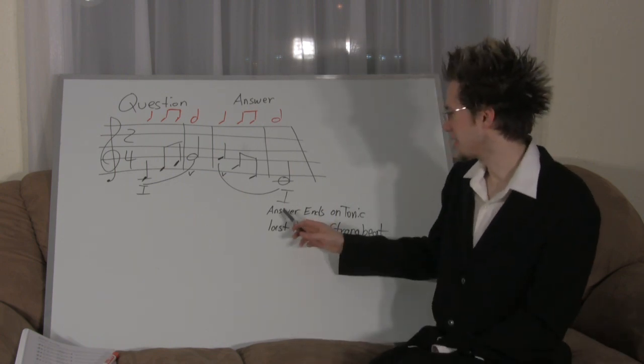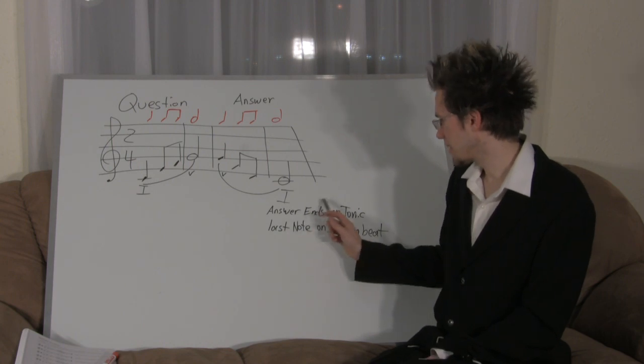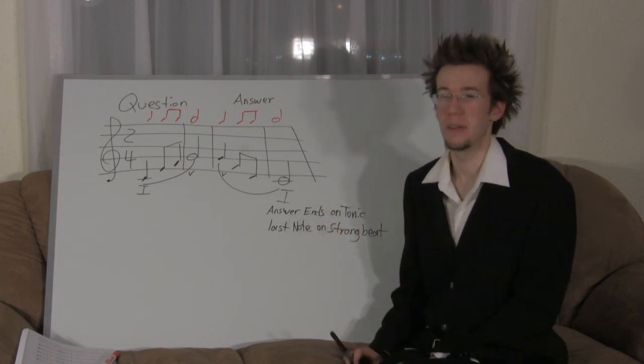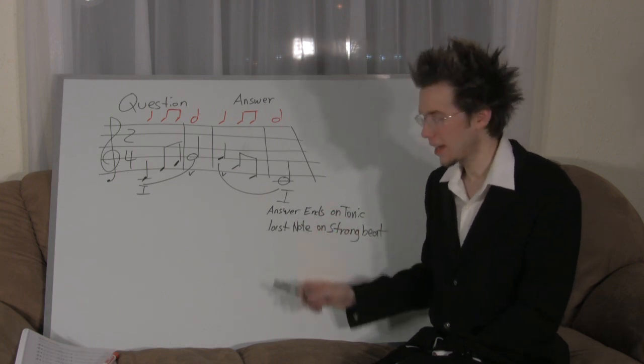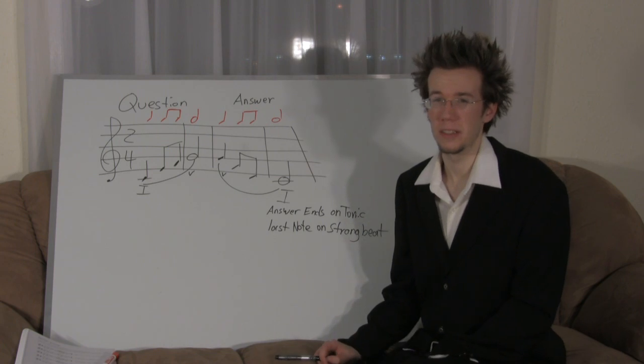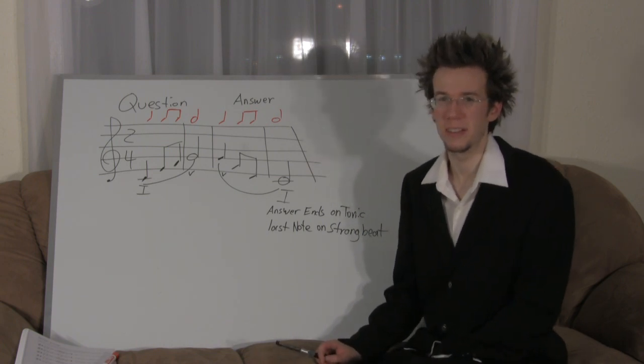But anyway, okay, so the answer usually ends on tonic, but it doesn't always end on a tonic. Modern music doesn't always have that happening, and when I say modern, I'm not talking about pop music or rock music, because that isn't modern at all. It's really not.